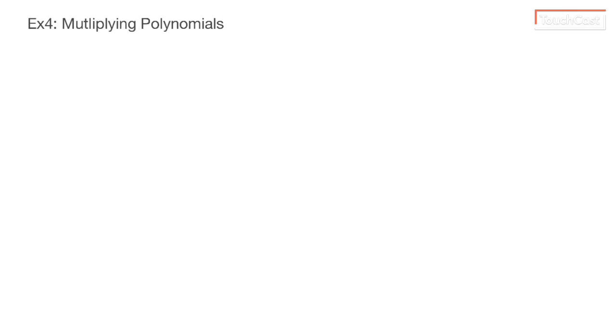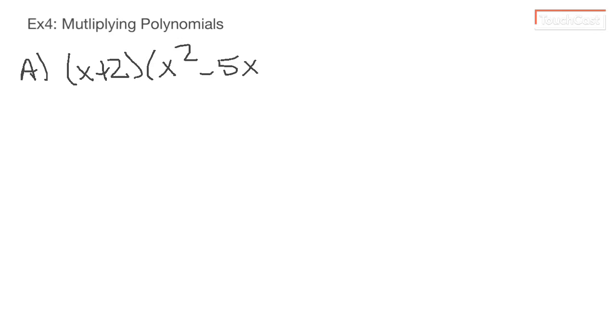So the first example we're going to look at is x plus 2 times x squared minus 5x plus 4.